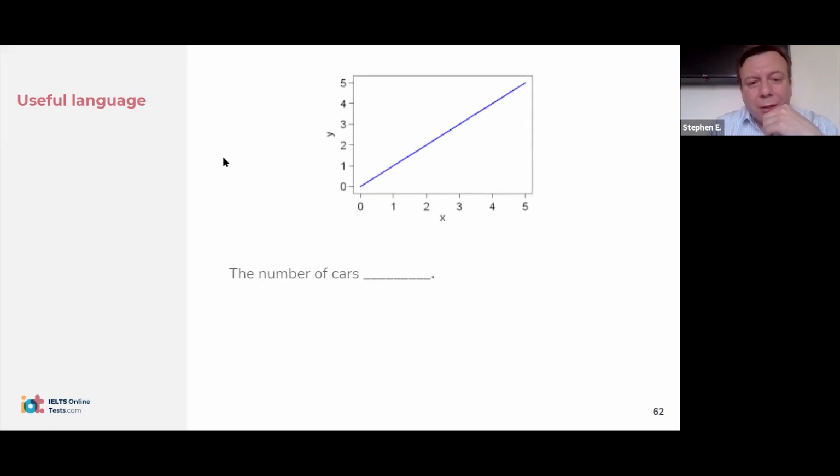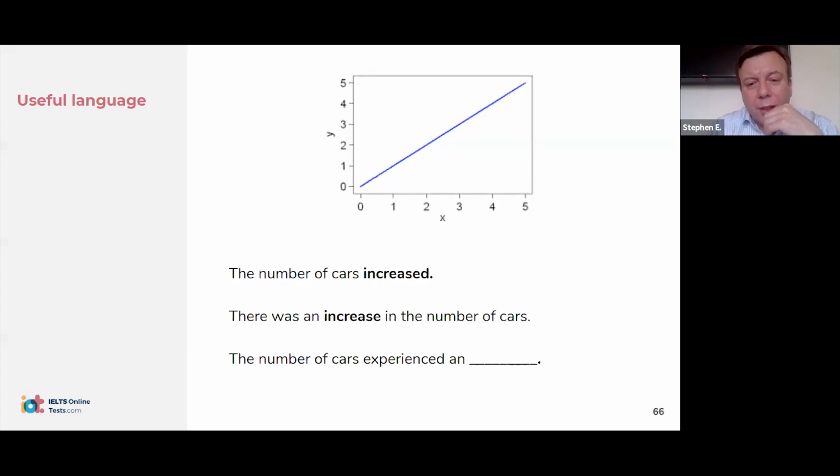Okay, so the number of cars. So what would go in the gap? Okay, yes. Okay, good. There was an increase. For cash, I think got that. An increase in the number of cars. The number of cars experienced an increase.